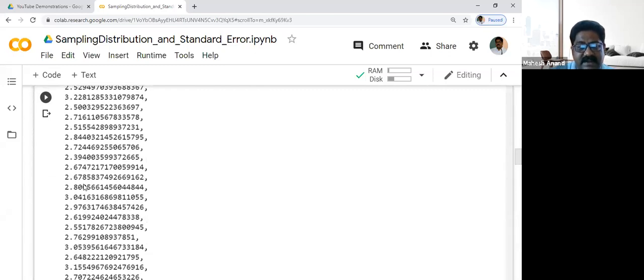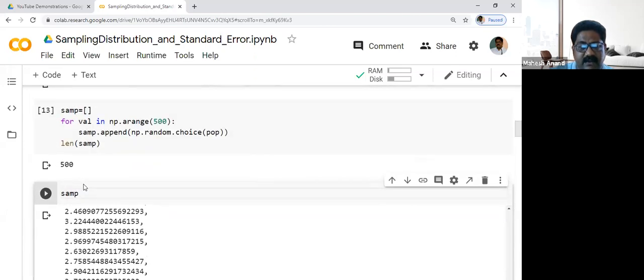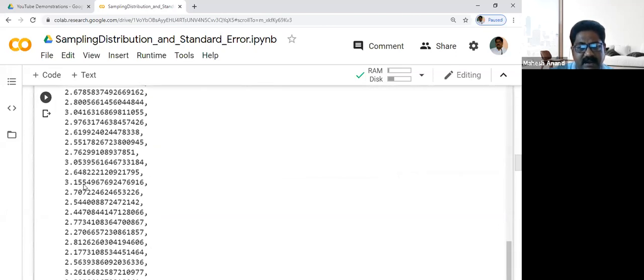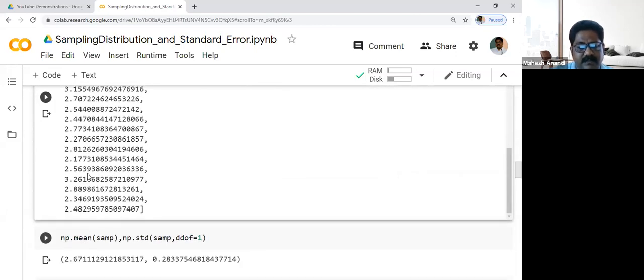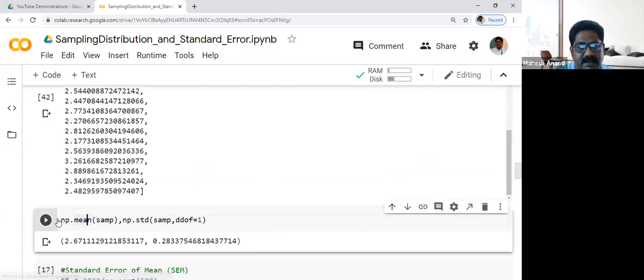And I'm taking the statistics of this 500 record mean. Let us calculate the mean and standard deviation of this: 2.6233 kg with a standard deviation of 0.268.